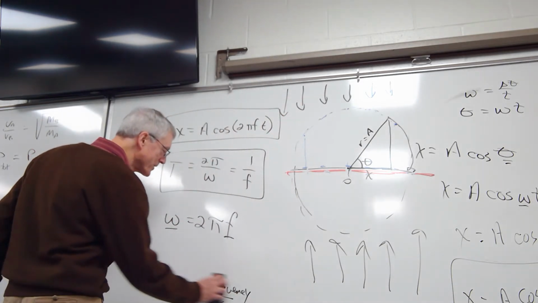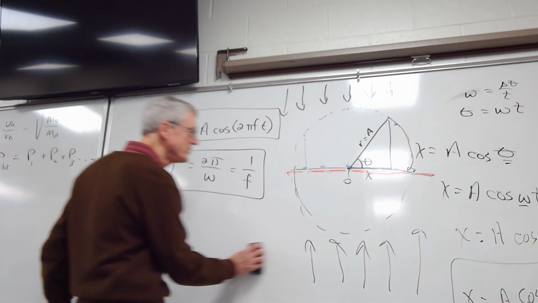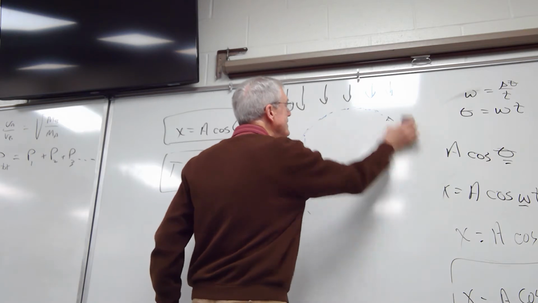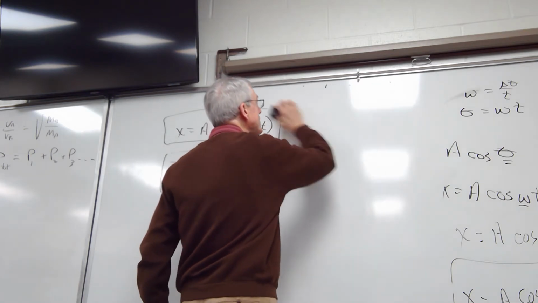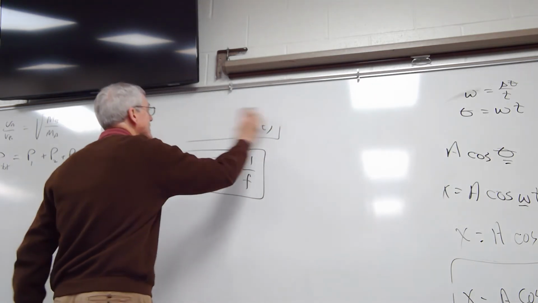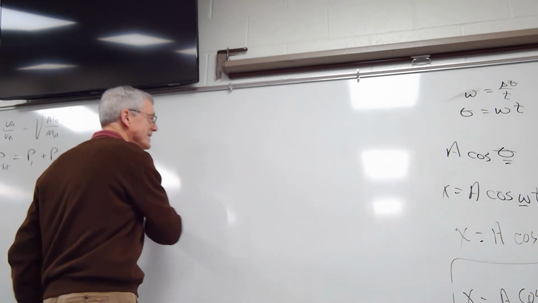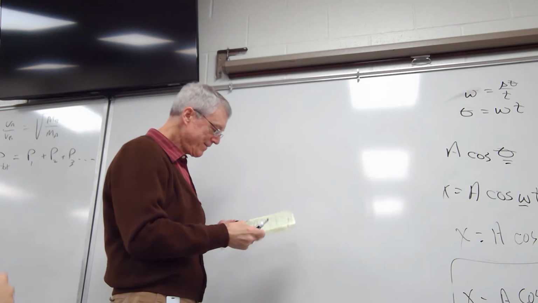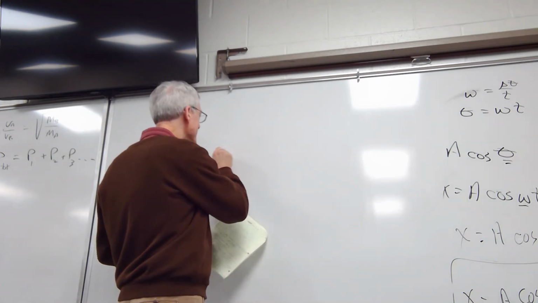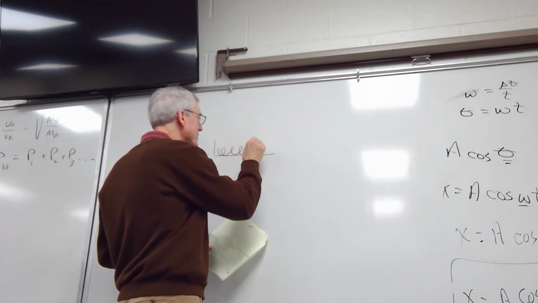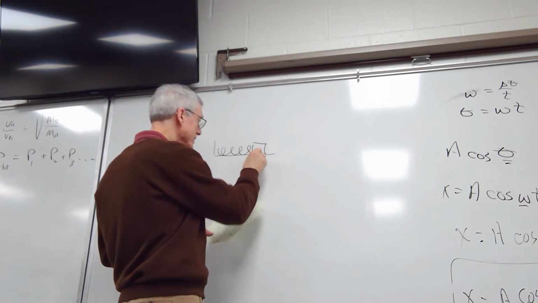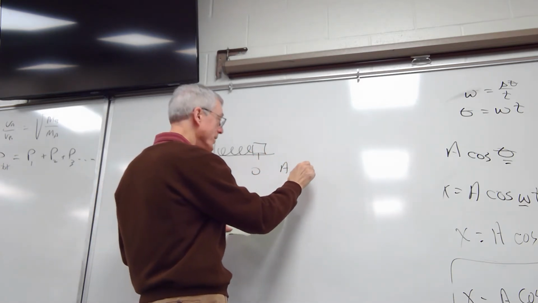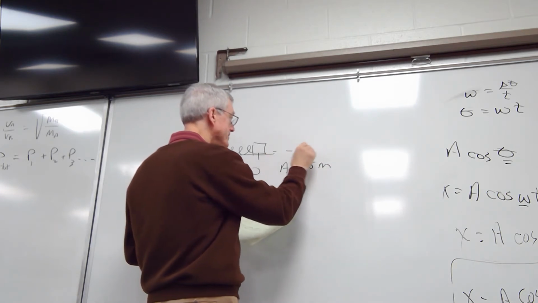All right, let's work a little problem just to show you that you can do this. Because you can. I have an ideal spring with a block attached to it, position 0, and I pull it back 0.5 meters.